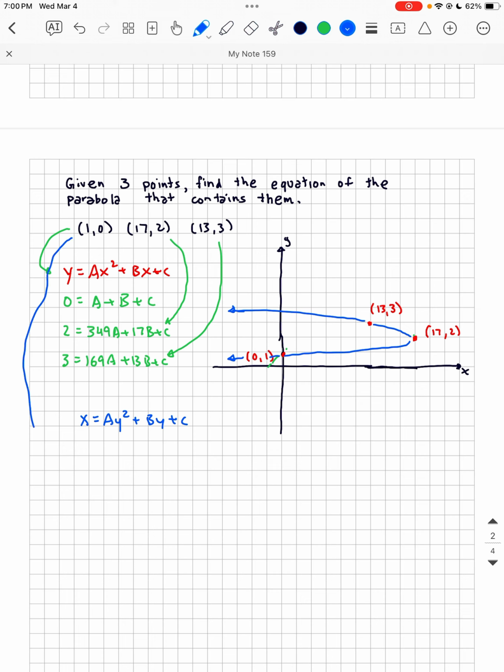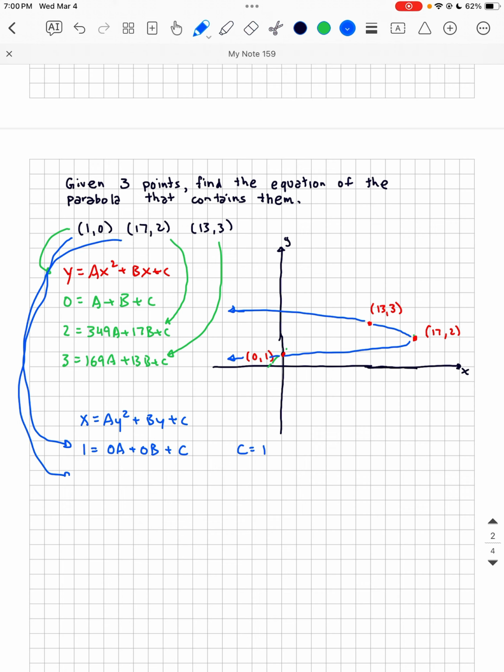So in the first case, if I take that first point, now remember, x becomes y and y becomes x. So that means x is 1, so 1 is equal to 0a, so that's kind of nice. So 0a, and then plus 0b, and then plus c. And hey, would you look at that? We solved for c already, c is equal to 1.